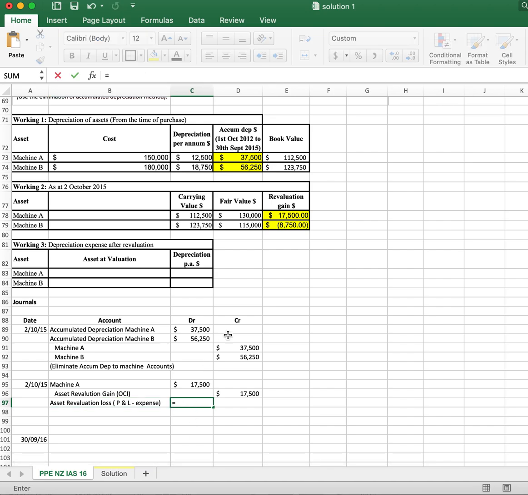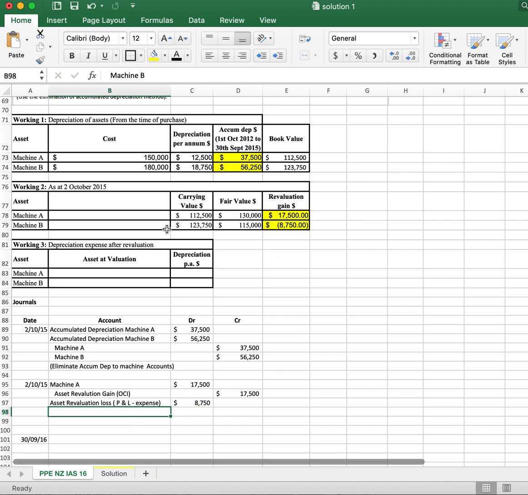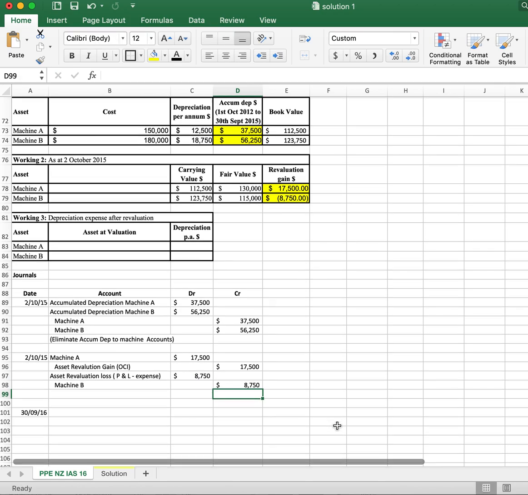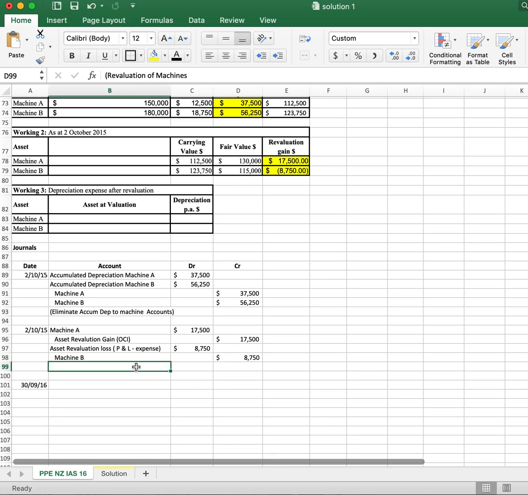Okay, so that's a loss, and I don't want to put it as a negative, because I'm already debiting, okay, because we know that. And we know that we're going to have to reduce the machine account by that amount. Machine B, that is, all right?